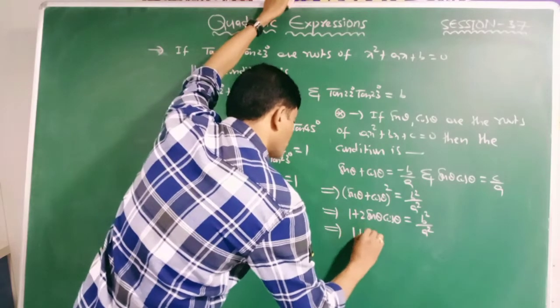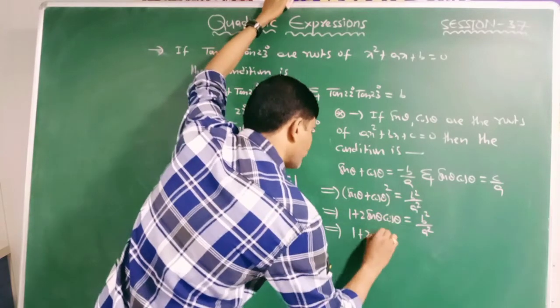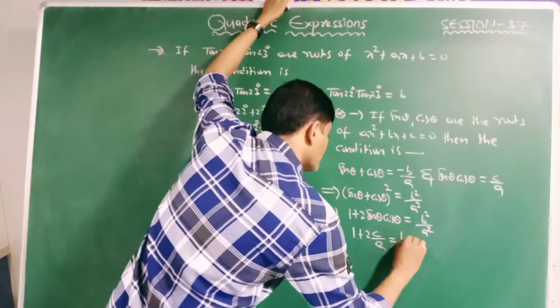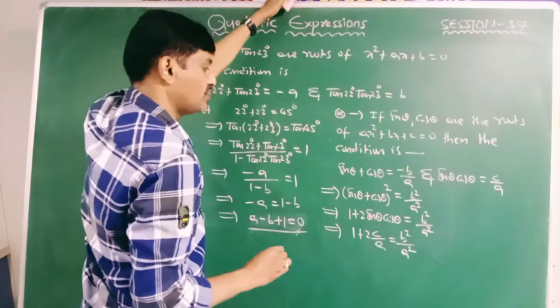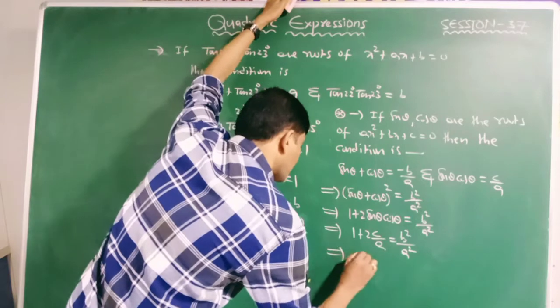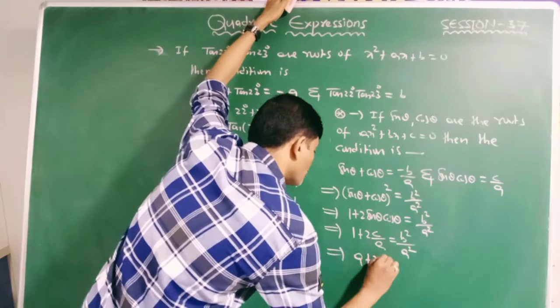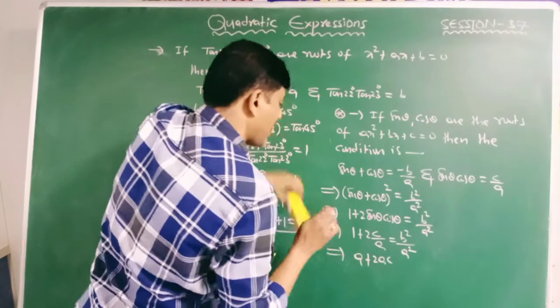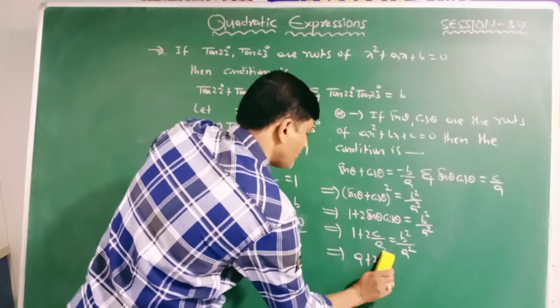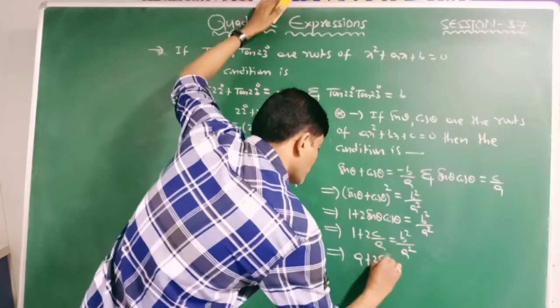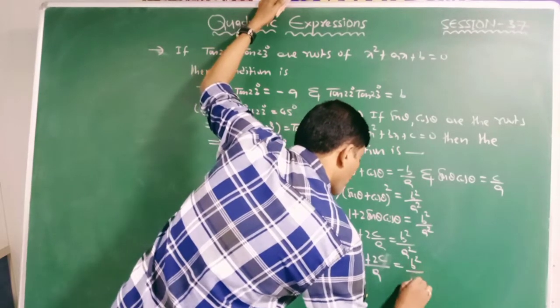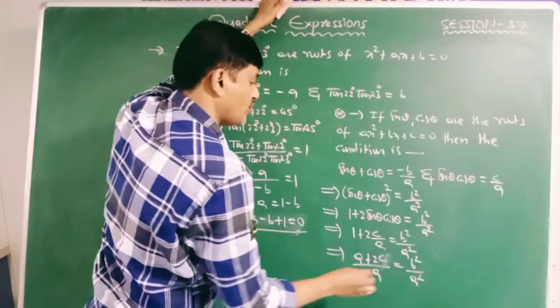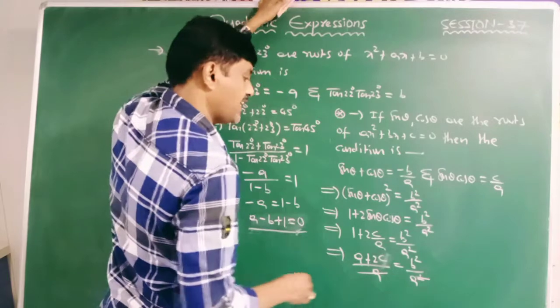Therefore 1 plus 2 times sin theta cos theta, whose value is c by a, is equal to b square by a square. Once you simplify, take the LCM: a plus 2c, this is 2c by a, is equal to b square by a square. One a cancels here.